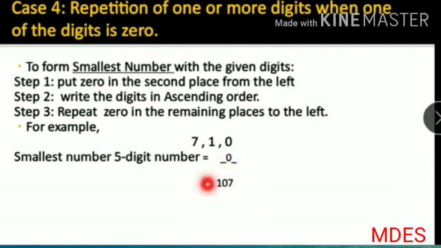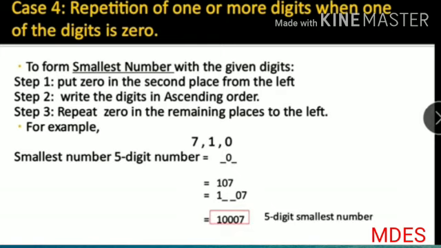We have to form a 5-digit number, so we just repeat 0 to fill 5 digits. We have these 2 remaining places left, so just fill them by zeros. In this way our answer will be 10,007. So this is the smallest 5-digit number.